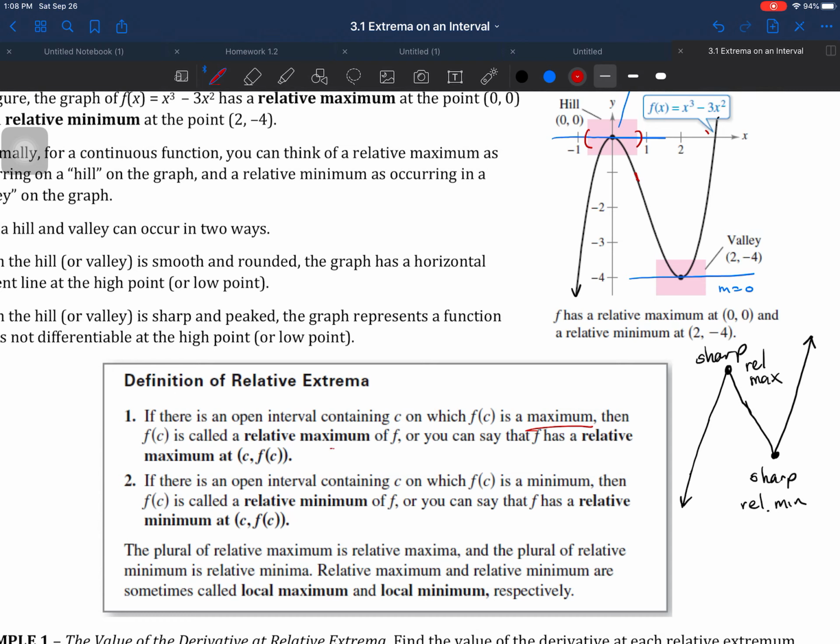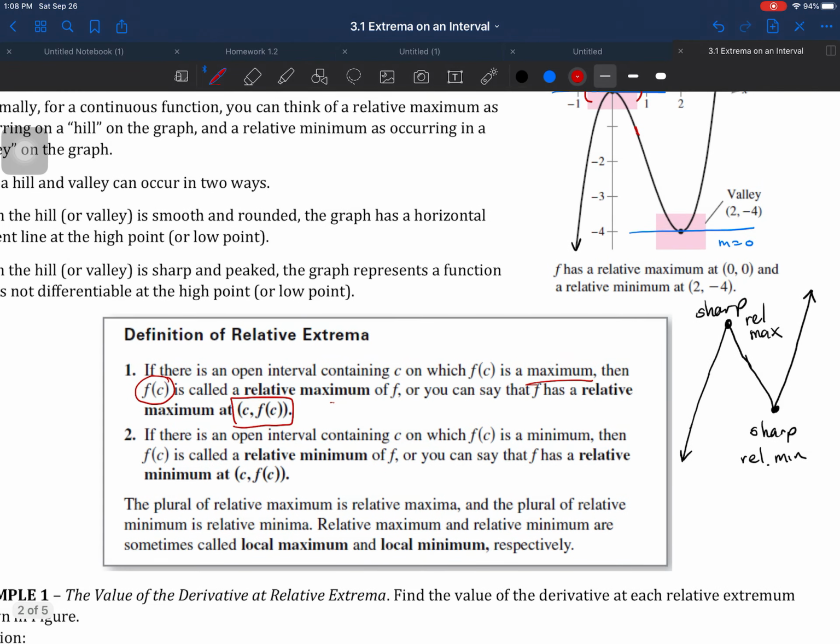Or you can say that f has a relative maximum at c. So you can say it two different ways, right? We should recognize that the relative maximum is f(c), but you can find a relative maximum at c. So that's the language we're going to use, and that's how we're going to interpret this type of language.